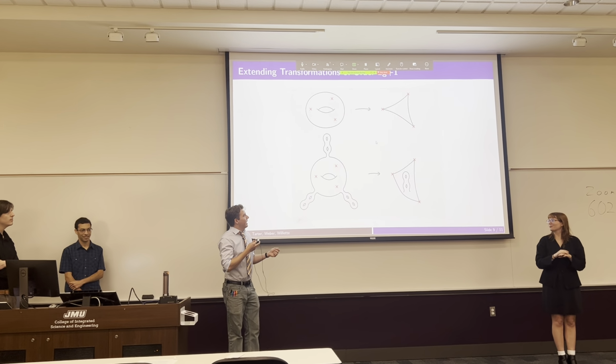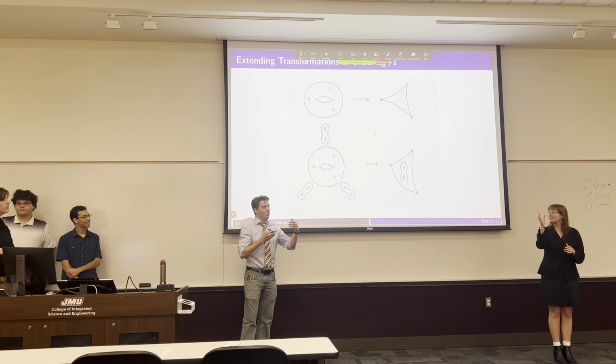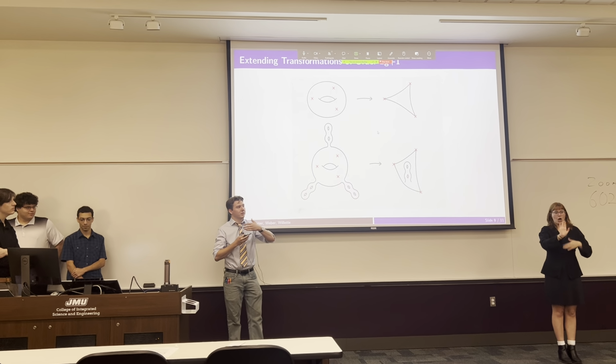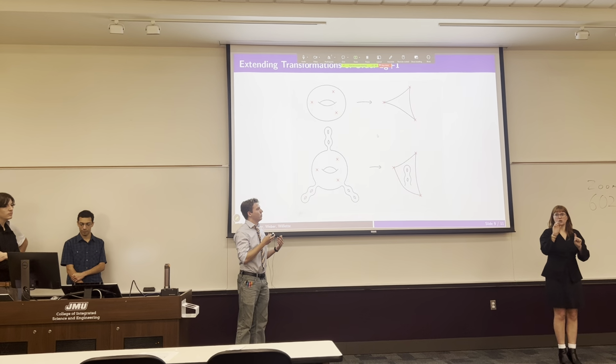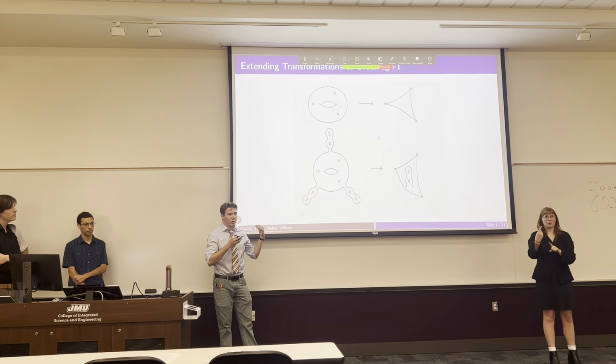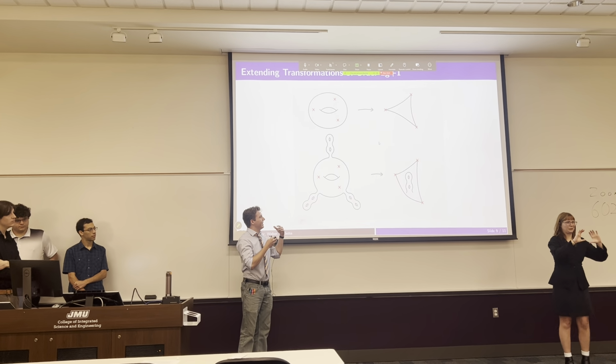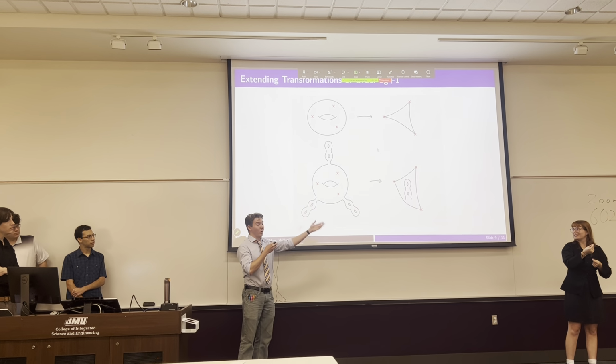The idea is that it actually turns out that all of the transformations of Lior's type, 2G plus 1, are part of a larger family which all quotient to the sphere, and we're interested in quotienting to something with more holes.